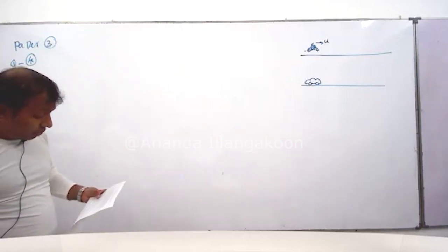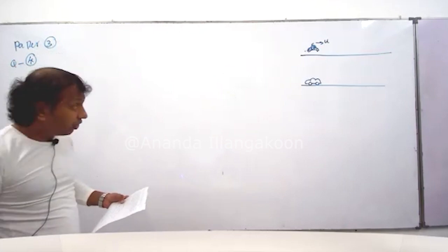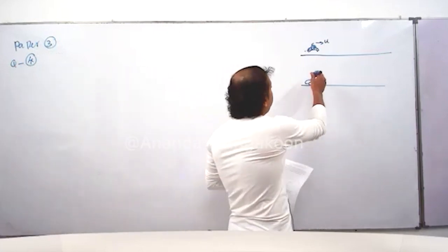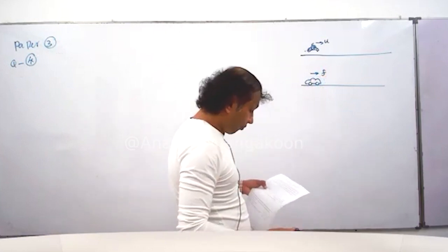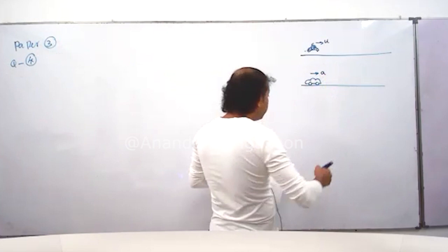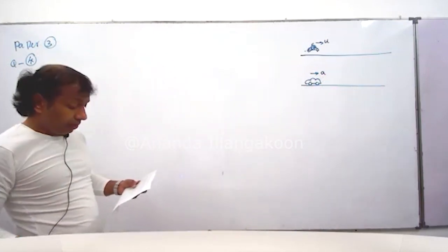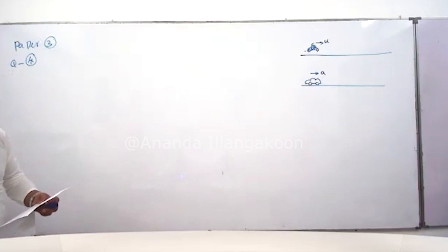the motor car starts to move in the same direction with uniform acceleration a until it attains the greatest velocity v. It moves with the acceleration a until it attains its greatest velocity v.